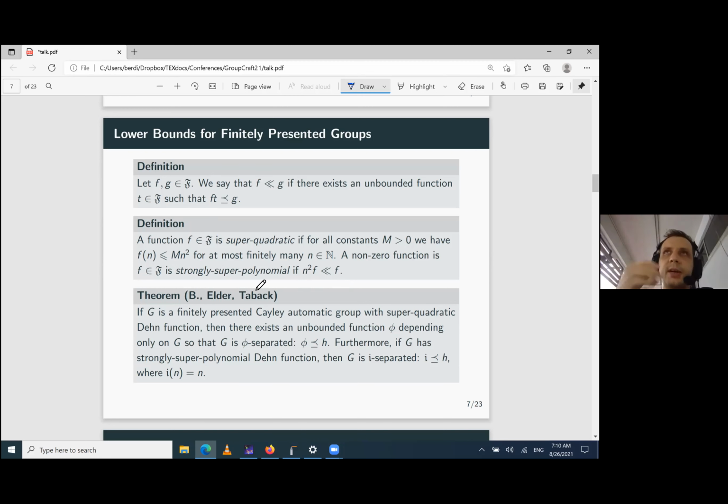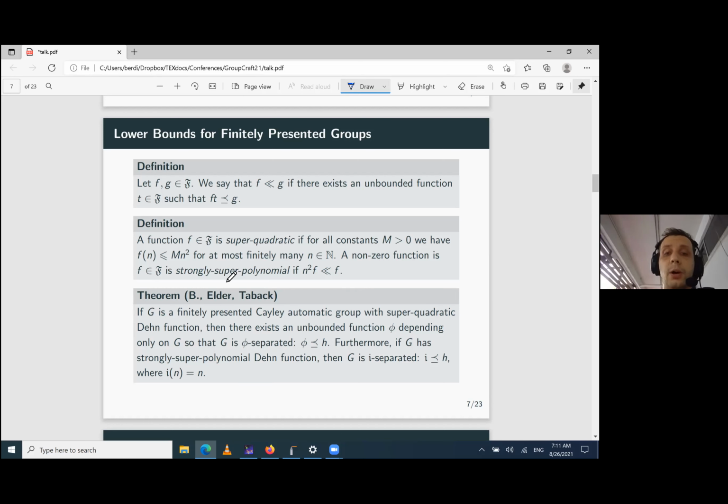I don't have a precise construction here, but it is constructed directly from the Dehn function. You have a function phi, which is of course unbounded, such that for any Cayley automatic representation that you have, this Cayley distance function is always bounded from below by this function phi. So this function phi doesn't depend on the representation, it doesn't depend on the choice of generators. It depends only on the group.